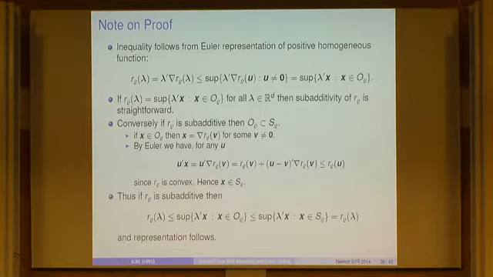That's what you have to check. I've written down why it's true here, but it's pretty simple to see that a point in the O set is also in the S set. You use, in fact, the convexity of this R function. And from that point of view, R is less than the supremum in the O set, which must be less than the supremum in the S set, and this is exactly equal to R, so you get the equality.